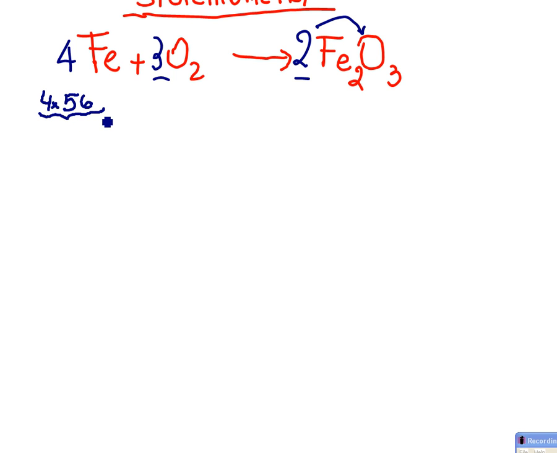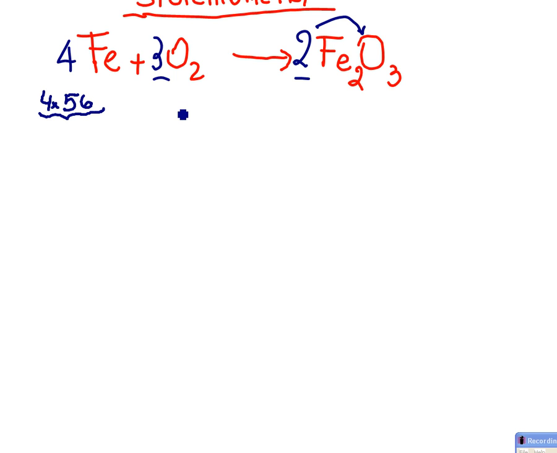So every single time you are going to calculate the molar mass of the compound or element that is reacting or that is produced, and then multiply by the amount of moles that are present. Okay, the same with the oxygen. Each mole of oxygen molecules is going to have the mass of the molecule expressed in grams.